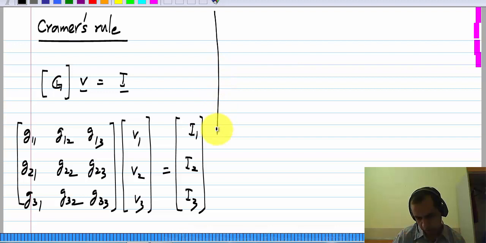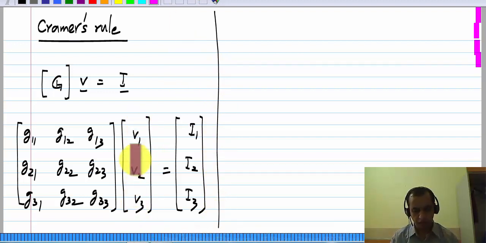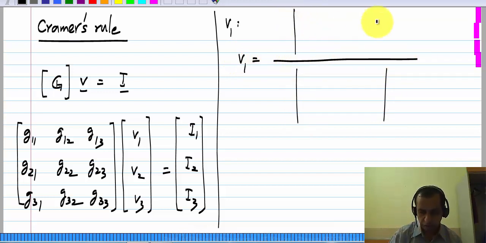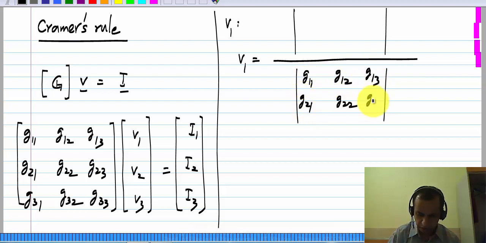Now this Cramer's rule is convenient when you are not looking to solve for the vector completely. So let's say you want only one of them, let's say V1. What you do is, V1 turns out to be the ratio of two determinants, and in the denominator we have the G matrix itself, G11, G12, G13, G21, G22, G23 and G31, G32, G33.